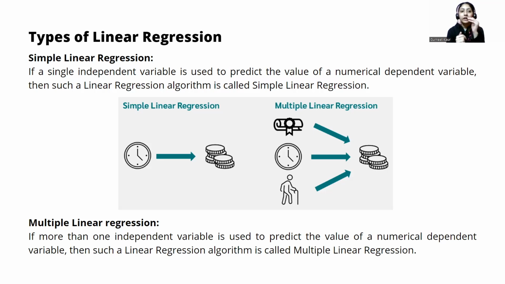But if instead of one independent variable I have more than one independent variable to predict the value of the dependent variable, then that is called multiple linear regression. You can see that in the diagram as well: in this case we have just one independent variable, while in this case we have more than one.